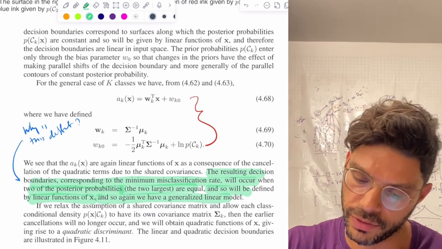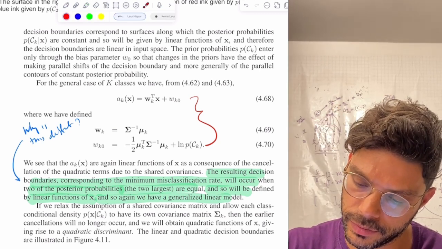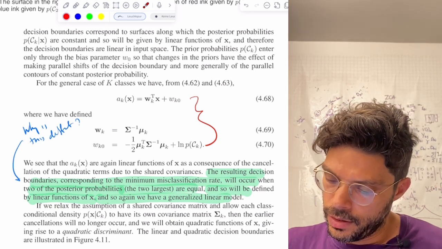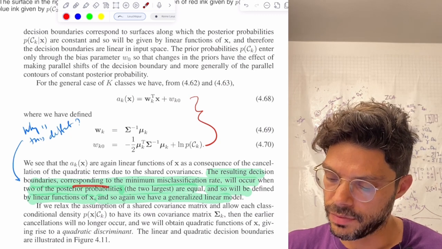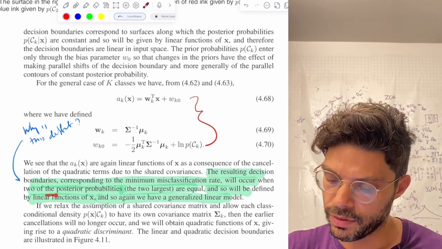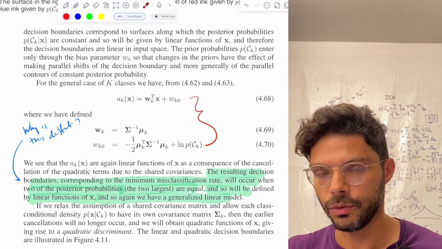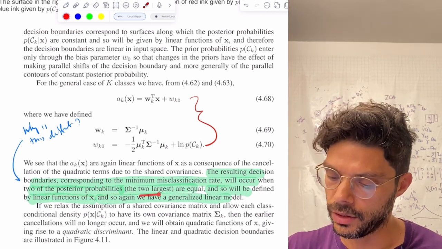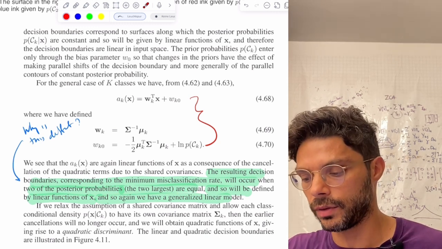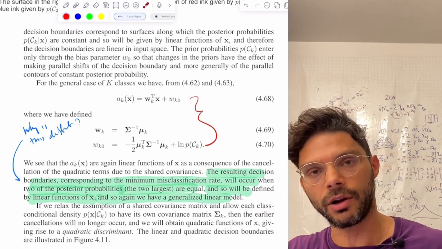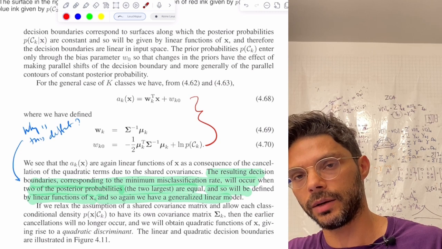And so again, we have a generalized linear model. Okay, so let's read that again. The resulting decision boundaries corresponding to the minimum misclassification rate will occur when two of the posterior probabilities, the ones that have the two largest values, are equal. For a given point, you have all these different classes, and they each give you a particular probability.